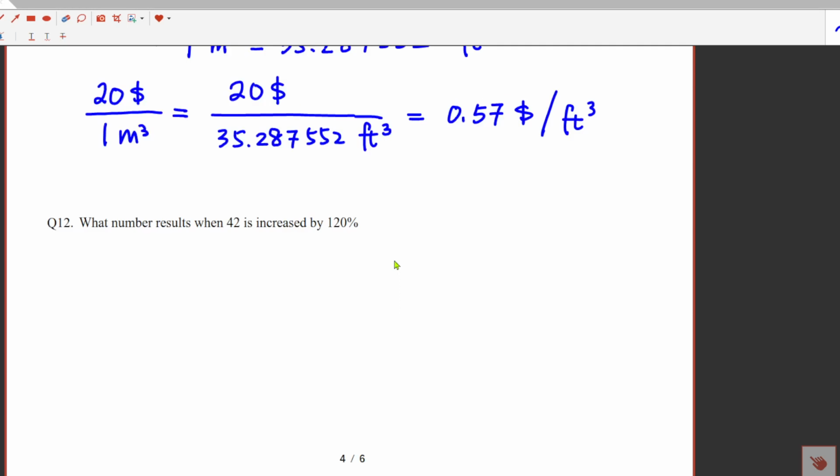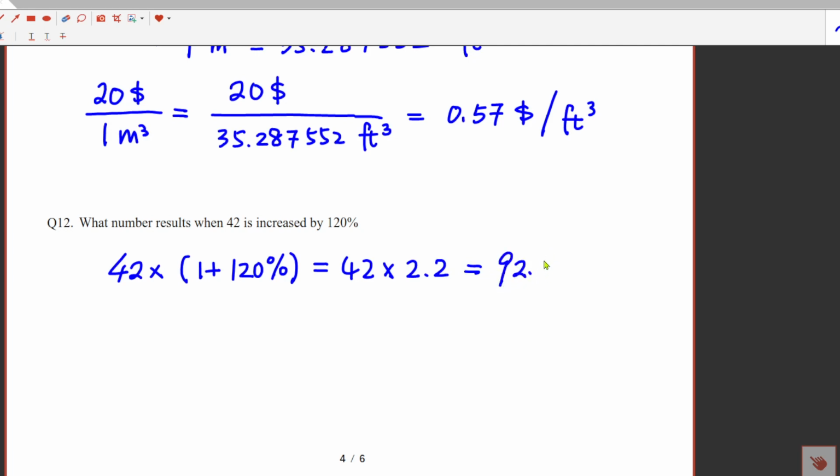What number results when 42 is increased by 120%? We increase by 120% means the new number is 42 times 1 plus 120%, right? Which equals 42 times 2.2, and that's 92.4.